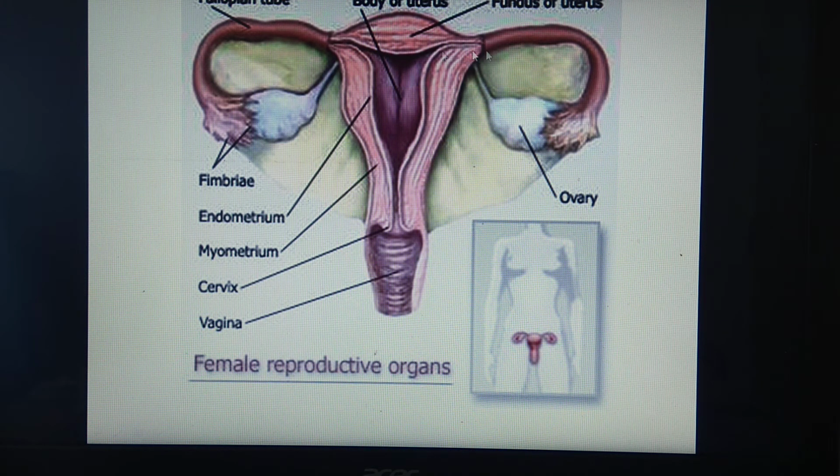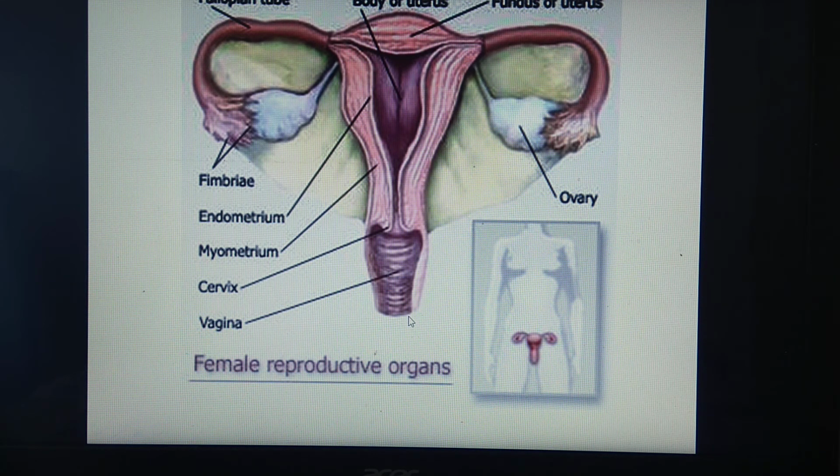Now we are going to see the last part of the system, which is called the vagina. It is the last part of the internal reproductive organs. What is it? It is a tubular copulatory organ. In males, the penis is the copulatory organ, and in females, the vagina is the copulatory organ.